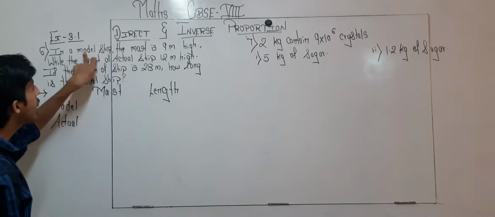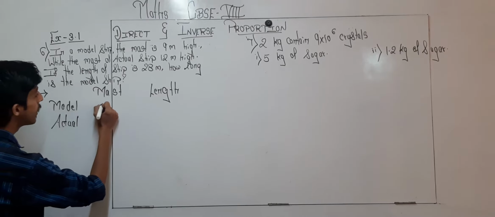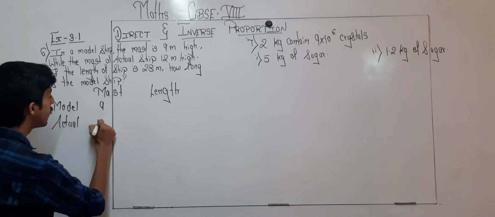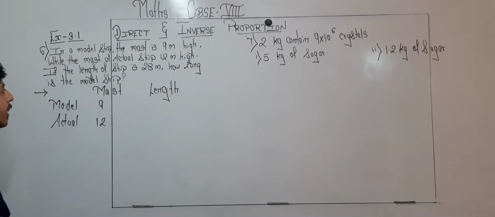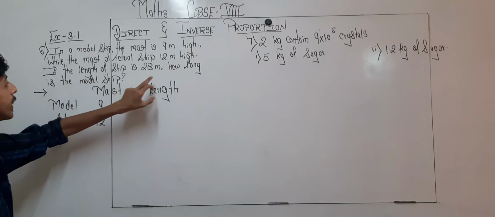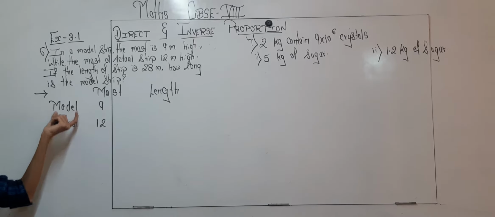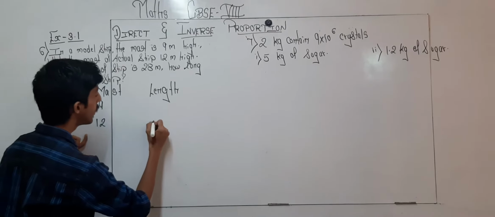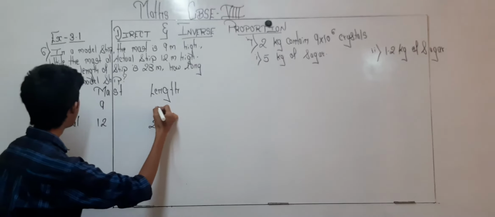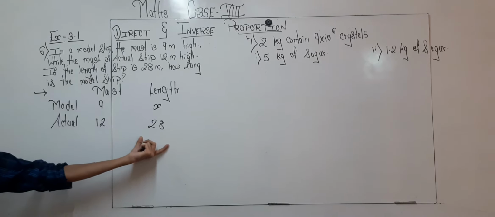For the model ship the mast is 9 meter, and for the actual ship it is 12 meter. Now the length of the ship is 28 meter, that is for the actual ship. Why? Because the length of the model ship has to be found. So we have to find the length of the model ship. This is the framing of the question.